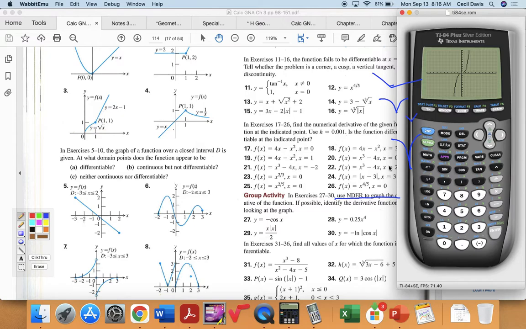That looks a lot like x cubed. And we can test that by putting x cubed down here. And I'm going to do the follow the ball thing.